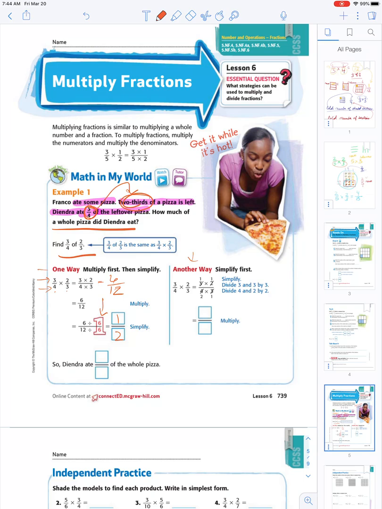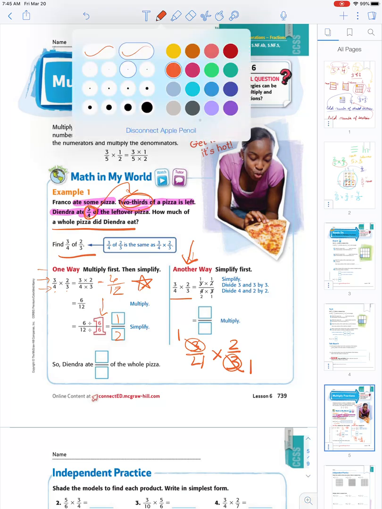So another way is that we can actually simplify inside this fraction first. Now, if this second way confuses you, just stick with the first way. But this way is actually going to make one less step by canceling out anything similar that can be divided by the numerator and the denominator. This is called cross-canceling, where if you have, say, 3 and 3, both of them are divisible by 3, and so I can cancel them out, and 3 divided by 3 is 1.